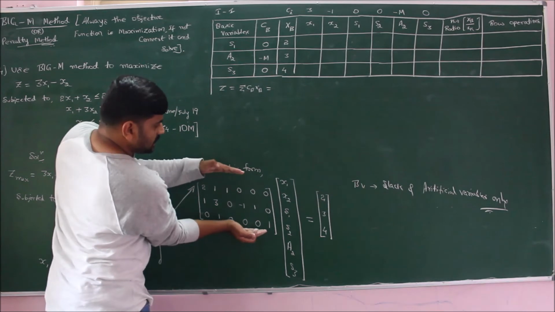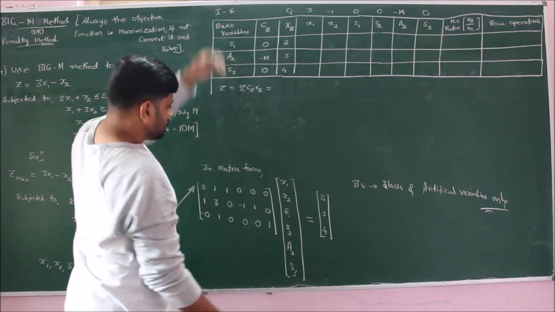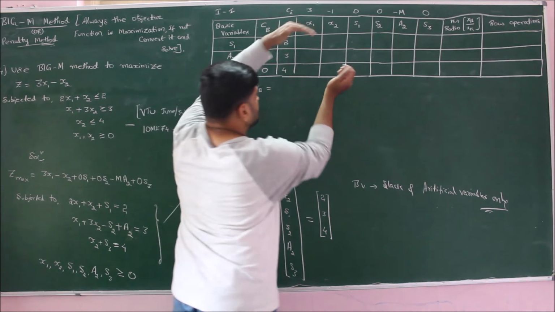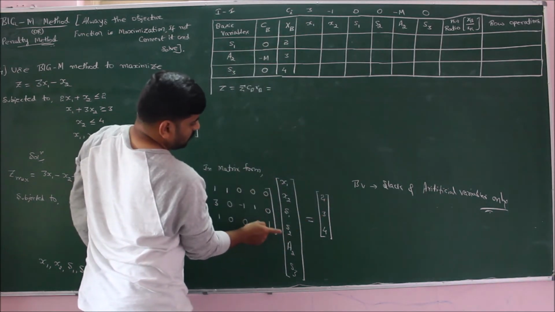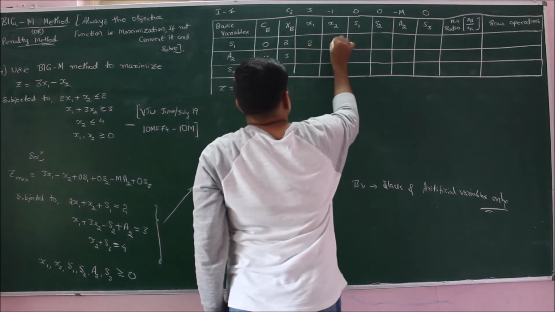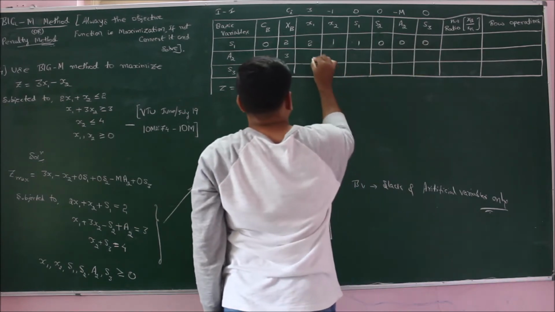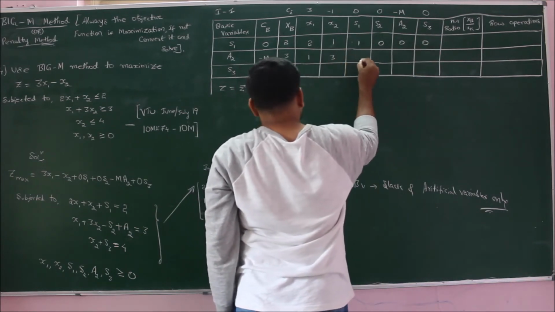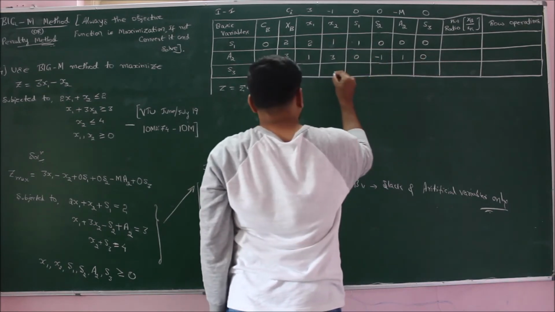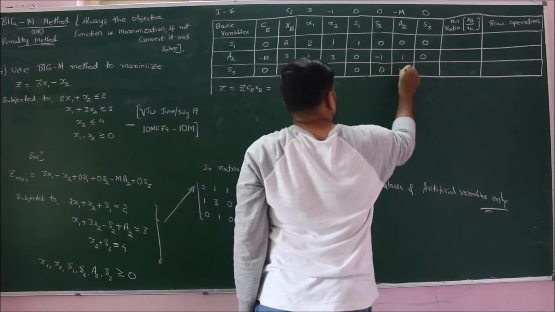So now pick this from x1 to s3 and place it in the simplex matrix. From x1 to s3 we have already formatted the matrix. So pick it and place according to x1, x2, s1, s2, a2 and s3. So we get 2, 1, 1, 0, 0, 0, 1, 3, 0, minus 1, 1, 0, 0, 1, 0, 0, 0 and 1.